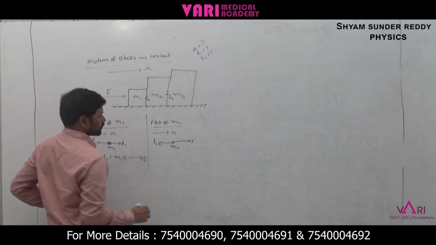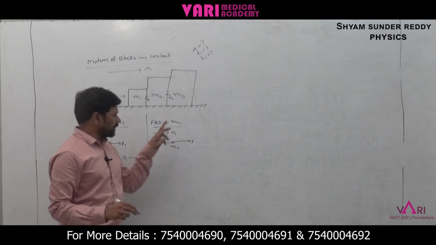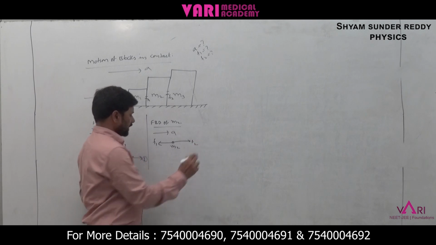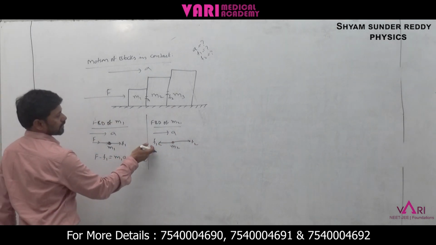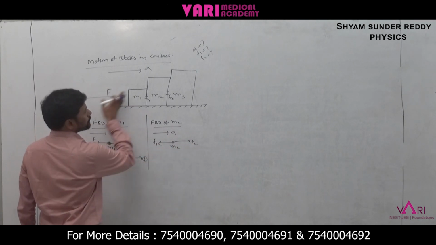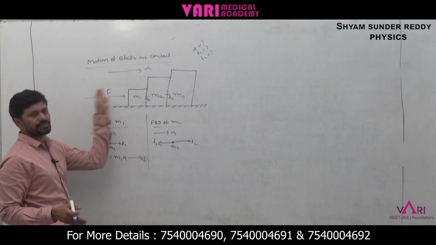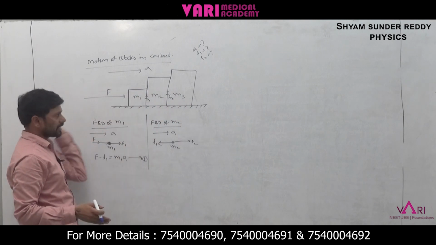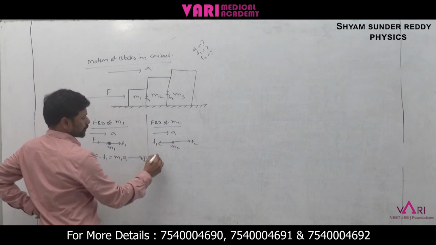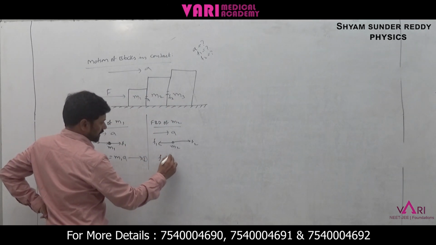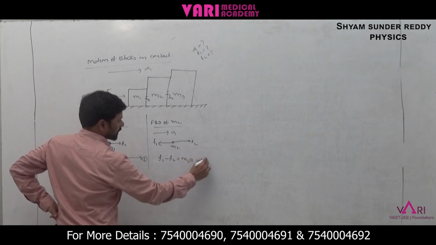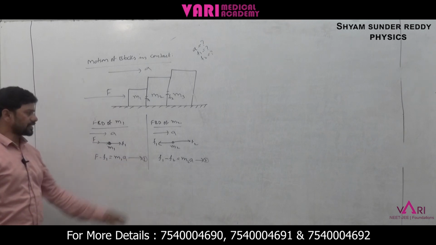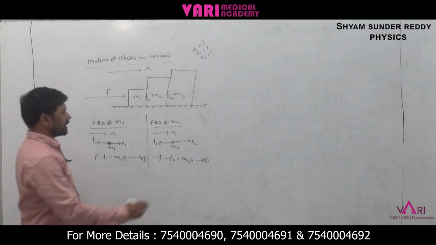This is M2. We can take F1 minus F2. This is more comparing to this because it is moving in the forward direction; otherwise it would come to this side. So F1 minus F2 is equal to M2A. Second equation: F1 minus F2 is equal to M2A.